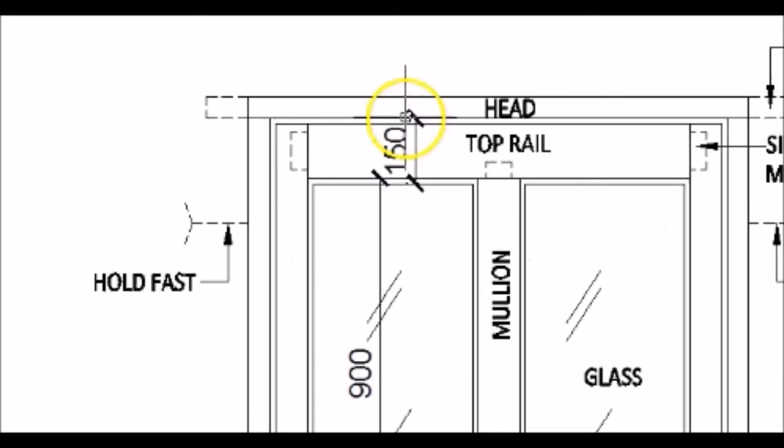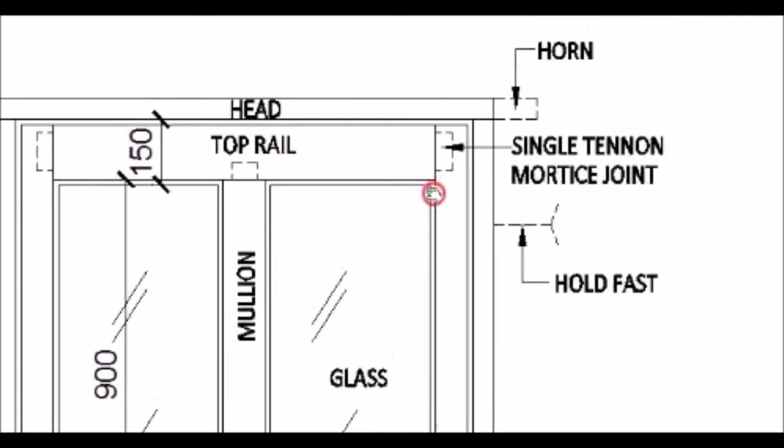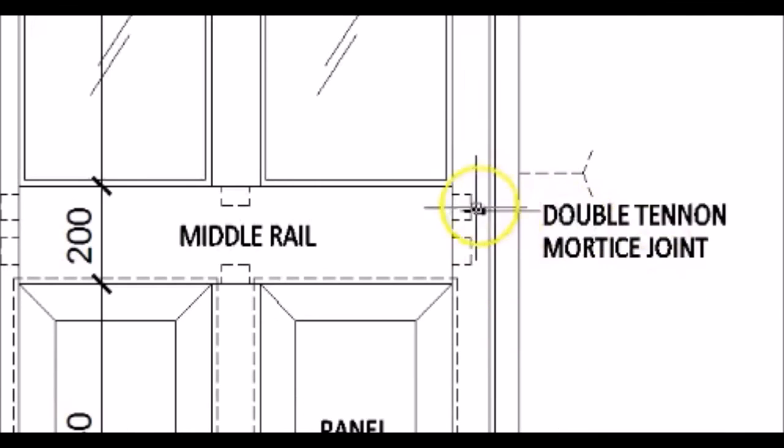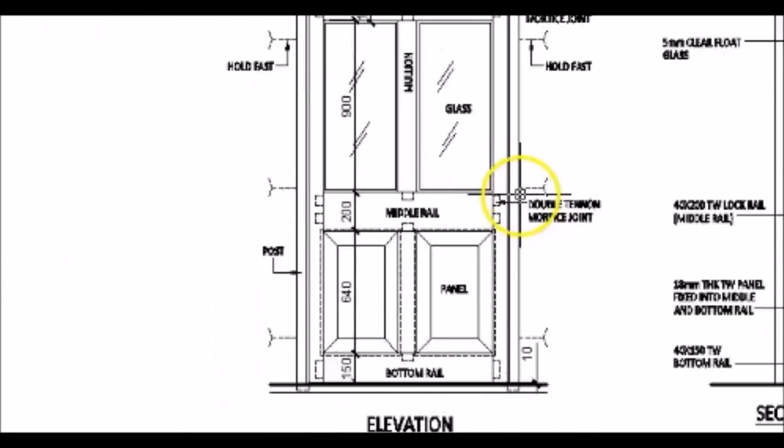Now if you look closely here, you will see that there are some dotted lines shown here. These dotted lines indicate a tenon and mortise joint. So this is called a single tenon and mortise joint, and in this case here you will see that it is a double tenon and mortise joint.